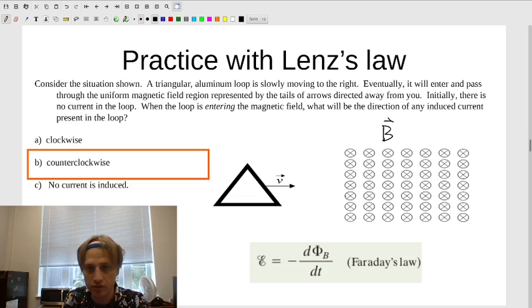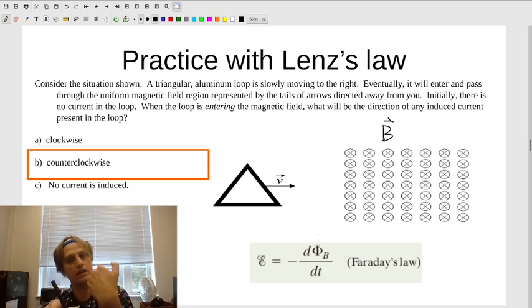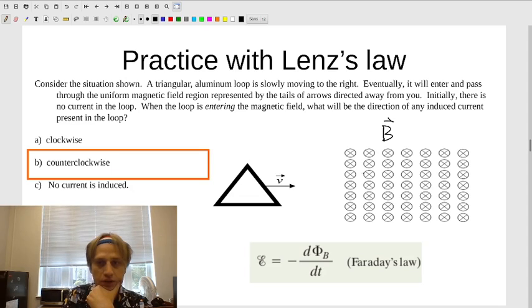As this triangle is moving into the field, the change in B is going to be into the page. So the direction of the induced magnetic field from the current is going to be out of the page. So in this case, the induced magnetic field is going to be pointing like this, opposite the direction of the change in the magnetic flux through this loop.